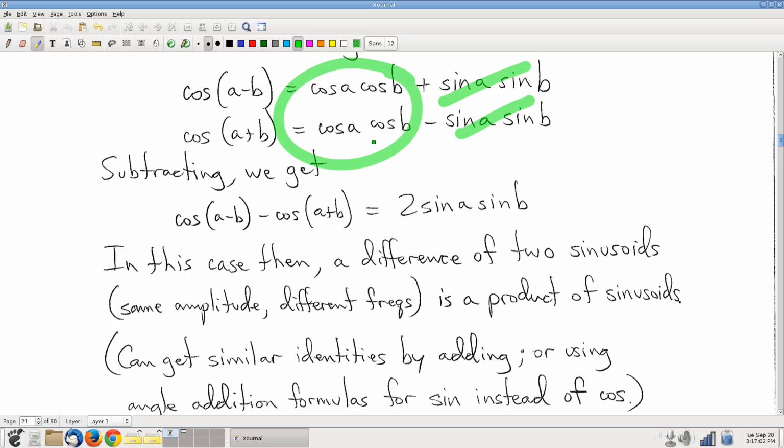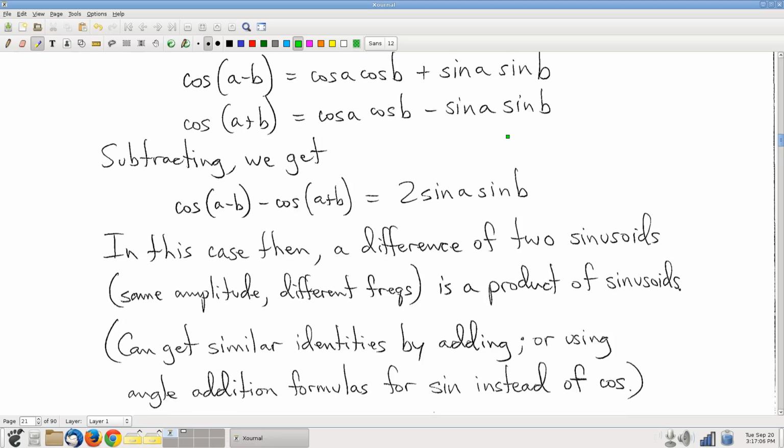Different details, same basic structure. Likewise, if you use the angle addition formulas for sine instead of cosine, then depending on whether you add or subtract, you get different identities, all with the same rough feature, showing that a difference of two sinusoids can be a product of two sinusoids, again, with certain conditions.